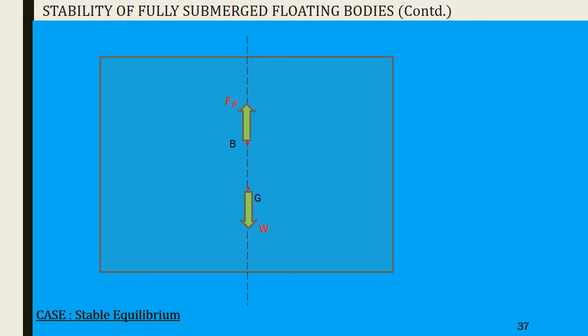In stable equilibrium, here you can see that the center of buoyancy is placed above the center of gravity. This is the buoyant force acting in the upward direction and the weight acting in the downward direction through the center of gravity. Now, when does this happen?